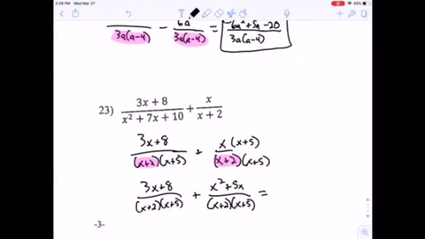So now, add the tops, x squared is its own term, 3x plus 5x is 8x, and 8 will be its own term, all over x plus 2 times x plus 5.